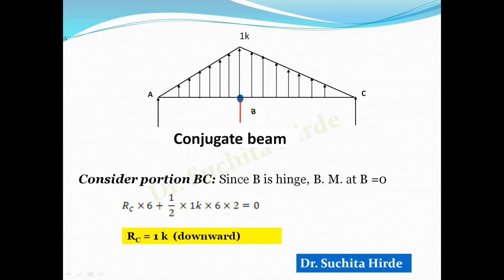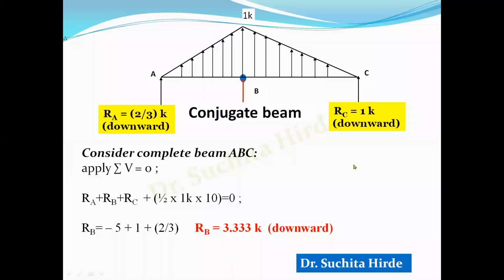Now we want RB. So RB we can calculate by taking summation of vertical forces equal to 0. Here we have calculated RA as 2/3 of K and RC as 1K, which are downward. Now apply summation of vertical forces equal to 0.